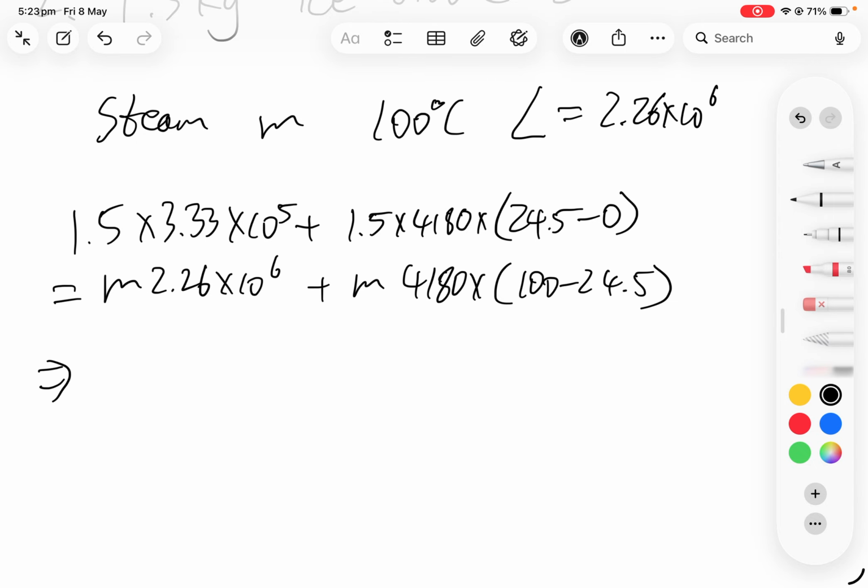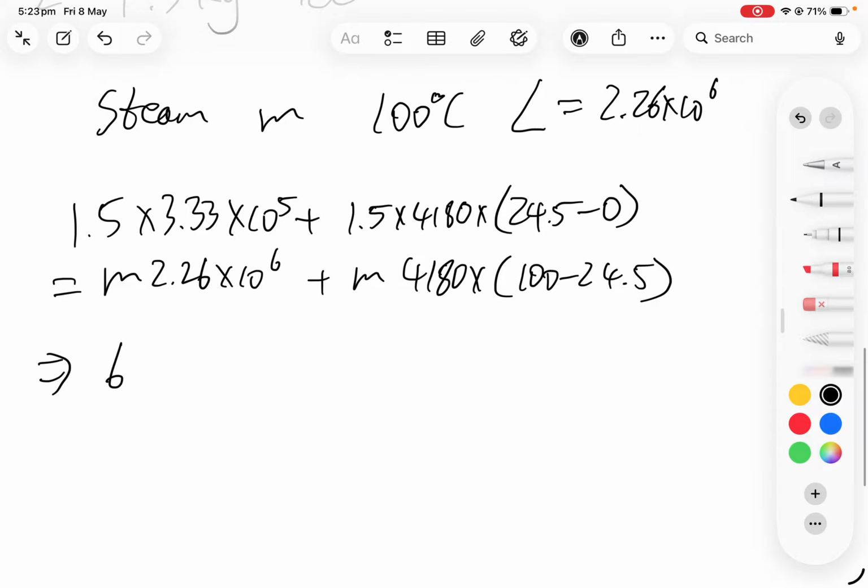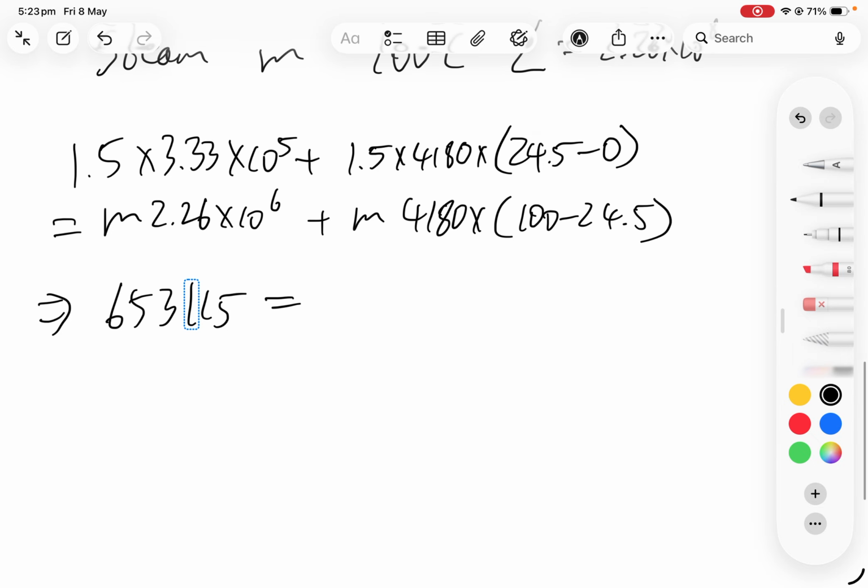Let's see what that equals. 1.5 times 3.33 times 10 to the power 5 plus 1.5 times 4180 times 24.5 equals 653,115. The other side is 2.26 times 10 to the power 6 plus 4180 times 100 take 24.5, which equals this big number, 2575590 m.